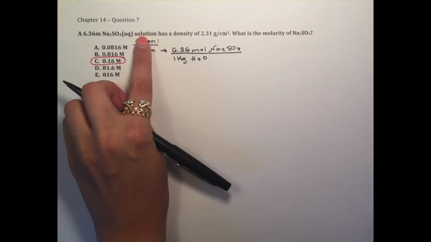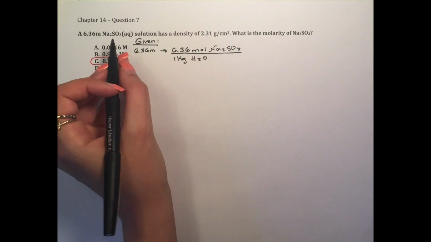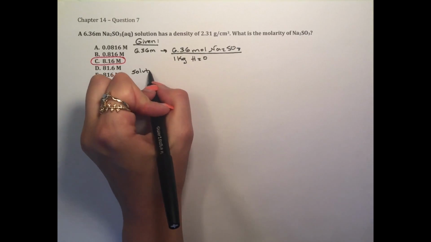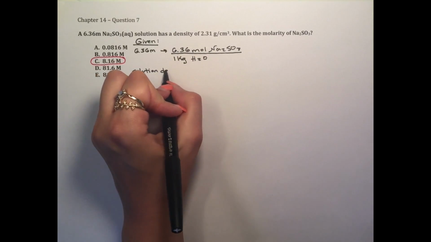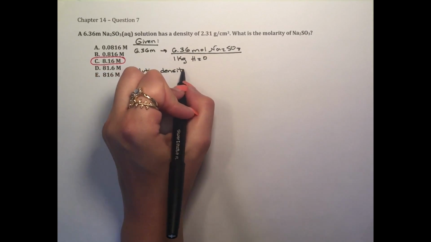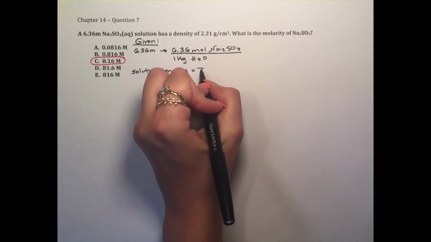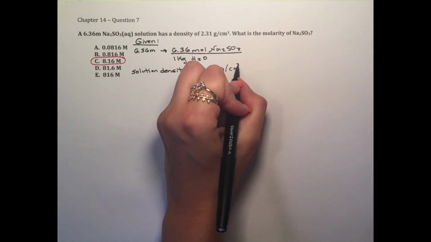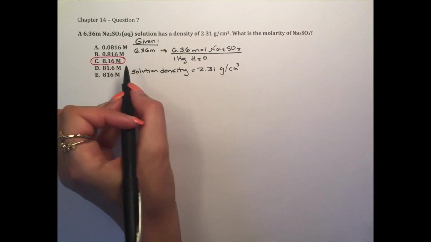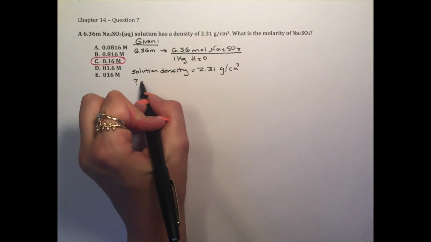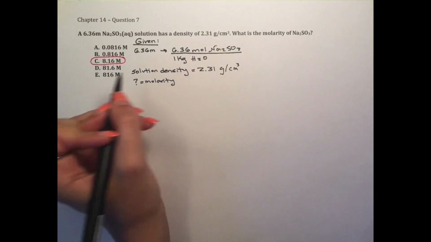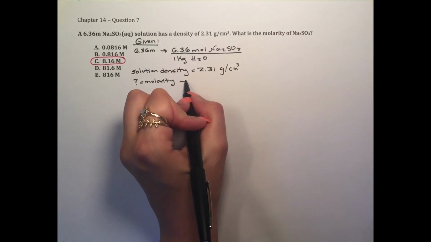Okay, so this solution has a density of 2.31. So let's say solution density equals 2.31 grams per centimeters cubed. What is the molarity of Na2SO3?